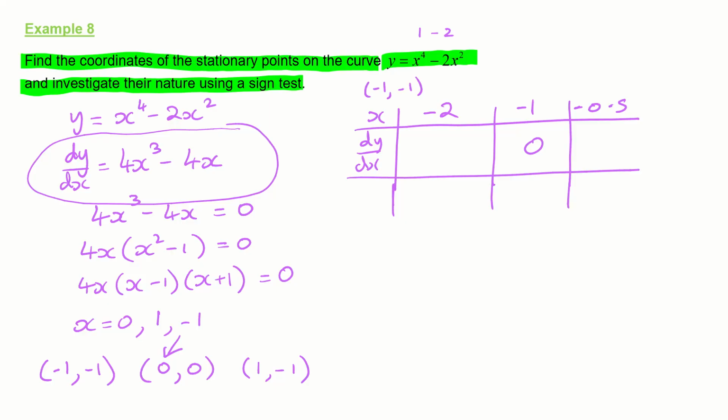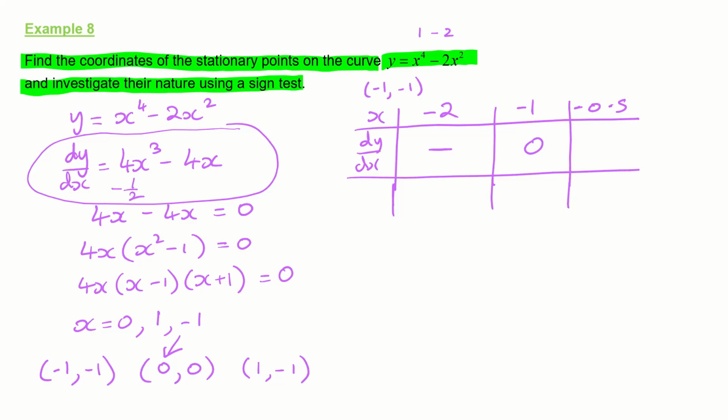And remember, we're looking at dy dx here. So I put negative 2 in here. That would be 4 times negative 2 cubed. That's going to be negative 32, and then this one's going to end up being plus 8, so it's going to be negative. And then with negative 0.5, this is going to be negative a half.